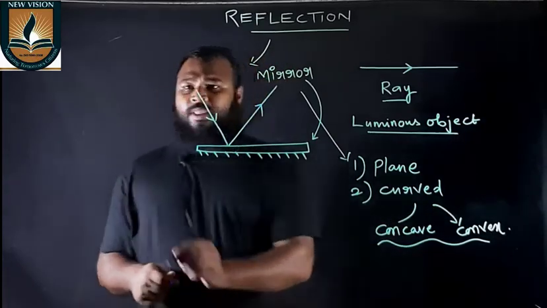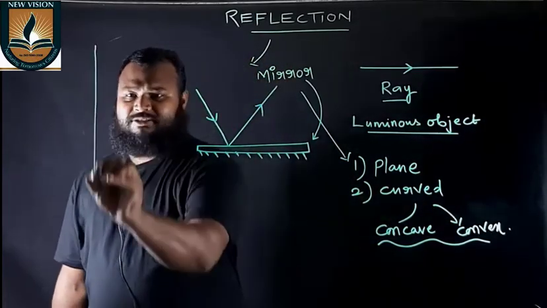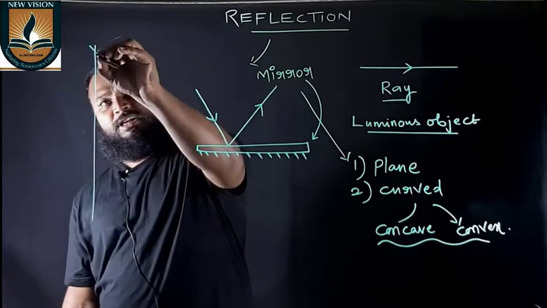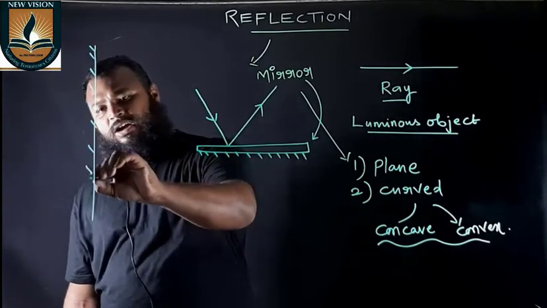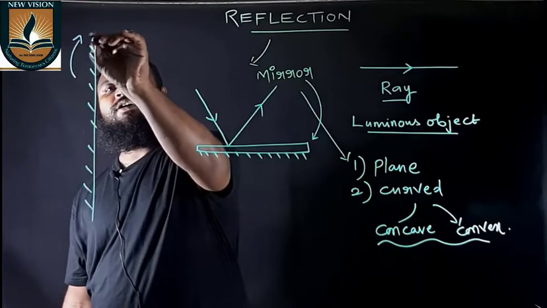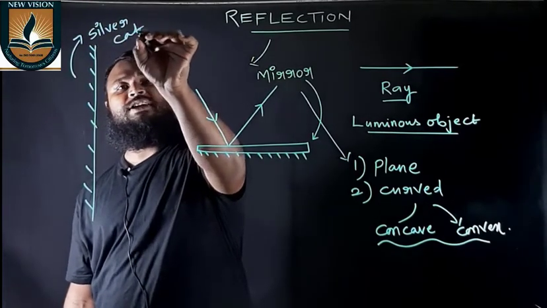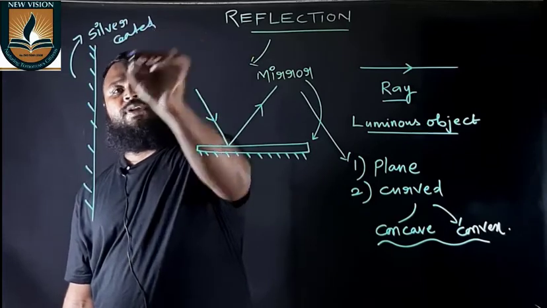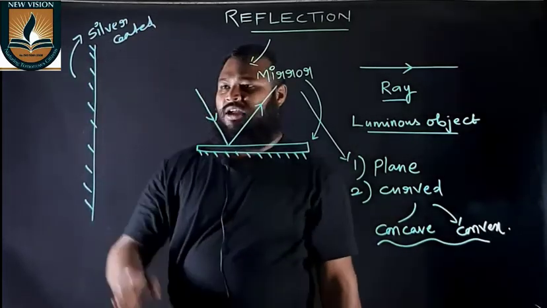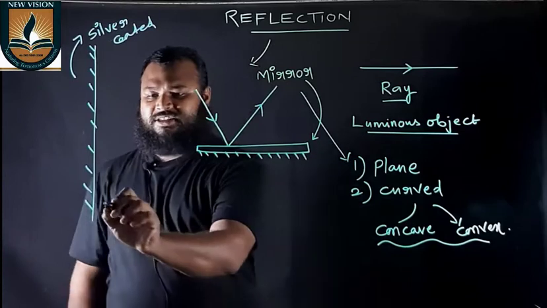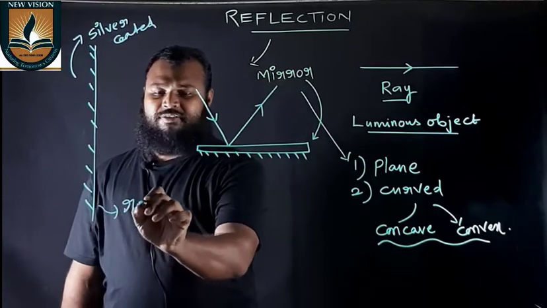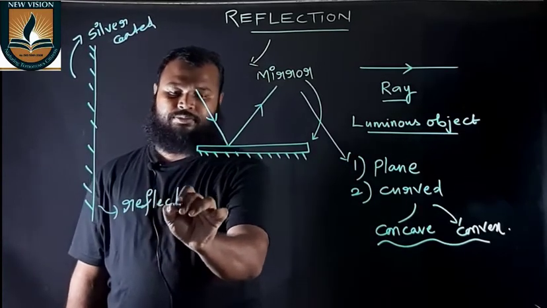Let's see that. A plane mirror is a flat mirror, which is silvered on the other side. This is called silver coating. When it is coated with silver, the other side becomes a non-reflecting surface and this side is the reflecting surface.